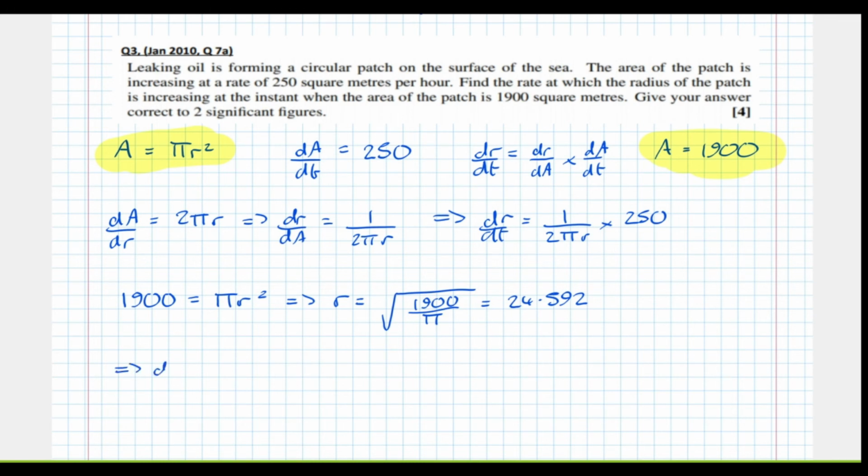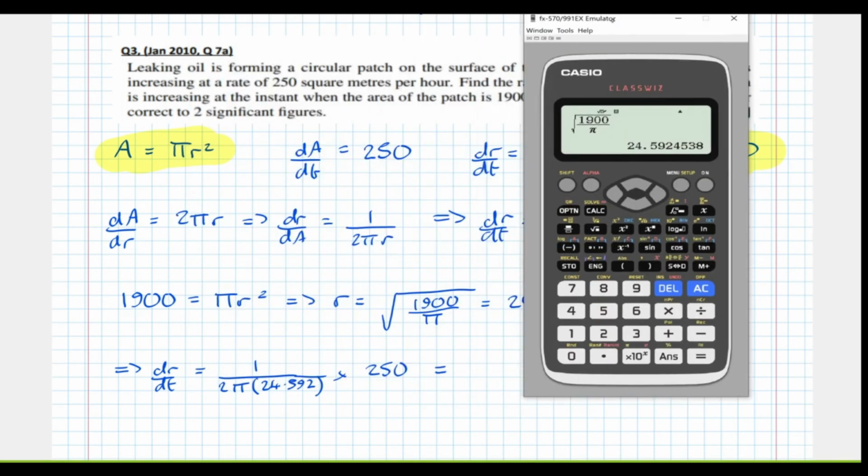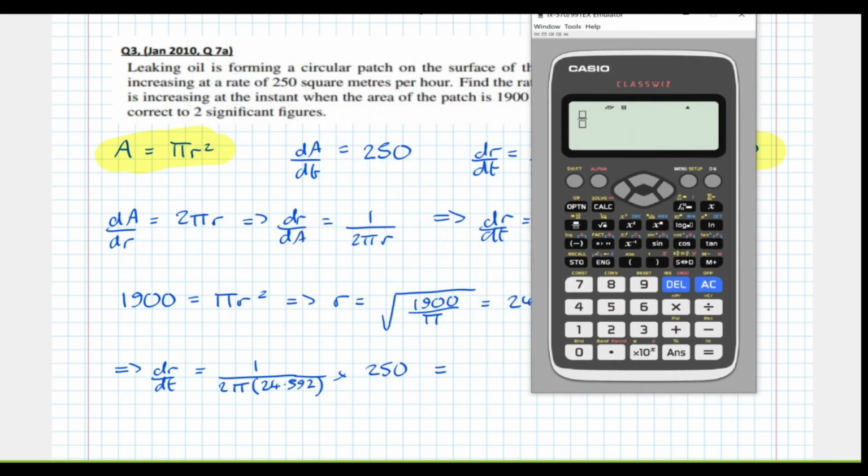Which means that dr by dt equals 1 over 2 pi times 24.592 times 250 equals, let's put it in the calculator. So the key to getting good at this topic is just to do loads and loads of examples.